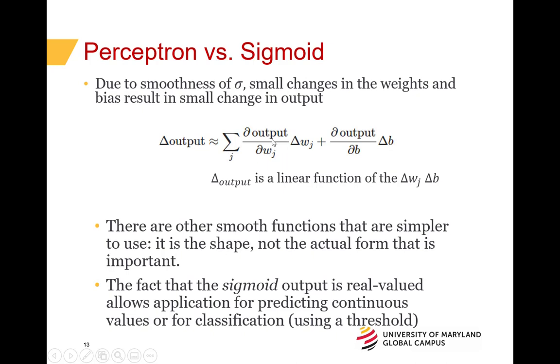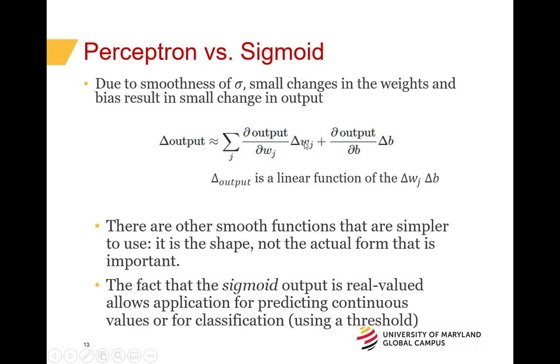For those of you not familiar with partial derivatives, this is just a form of taking derivatives of a function. But when that function has multiple parameters, when it's a function of many variables, the way to do the derivative is by holding variables constant.